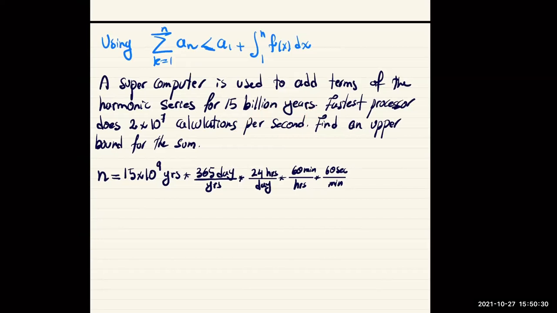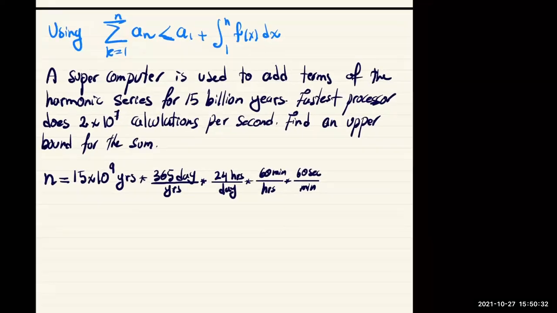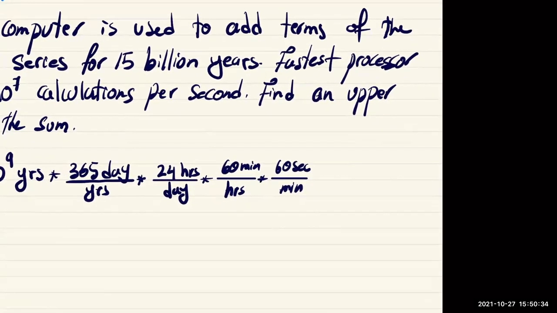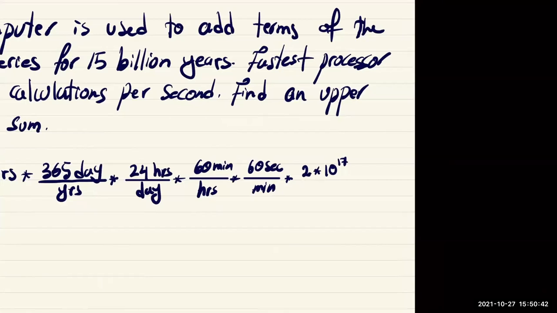This is the number of calculations per second. So multiply now by 2 times 10 to the 17 calculations per second.